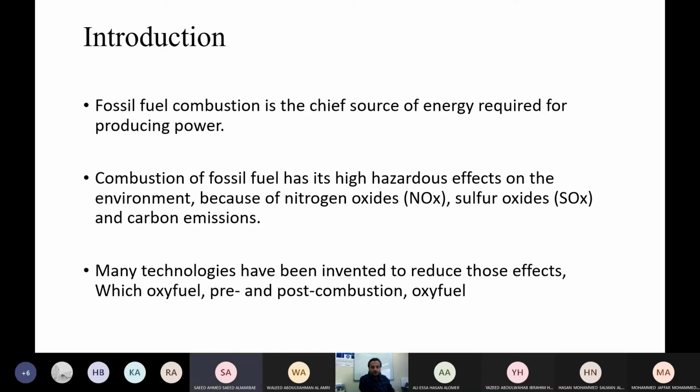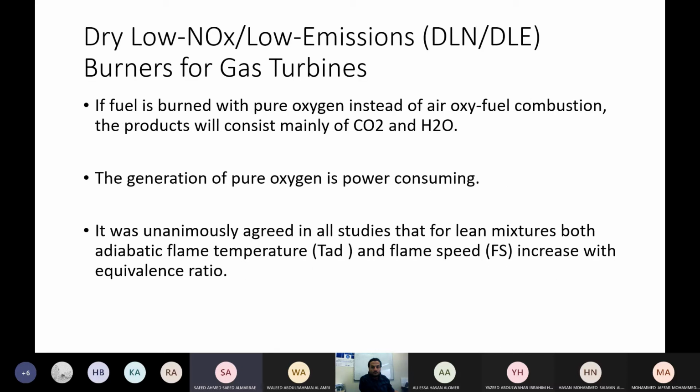The next. So here we talk about the tri-low nitric acid and low emissions burner for gas turbines. We have talked in chapter 3, which was about combustion, that if the fuel has been reacted with or injected with oxygen, the production will only be CO2 and H2O.